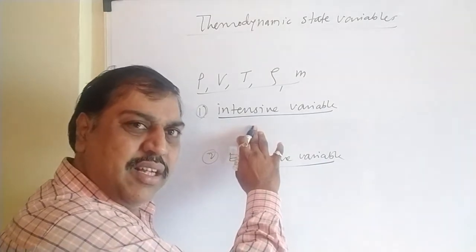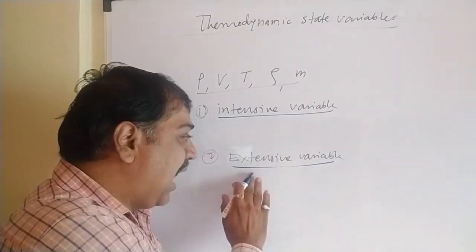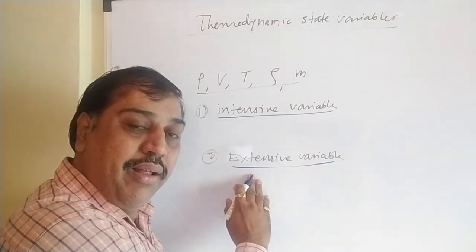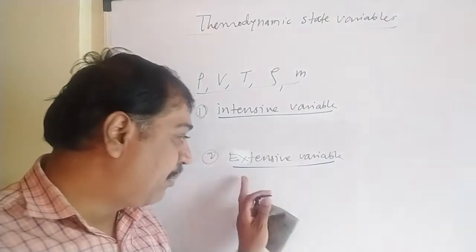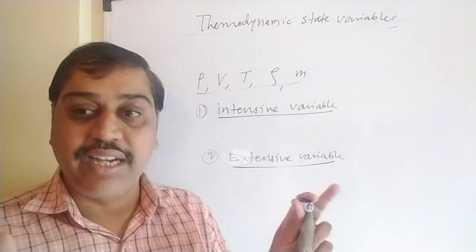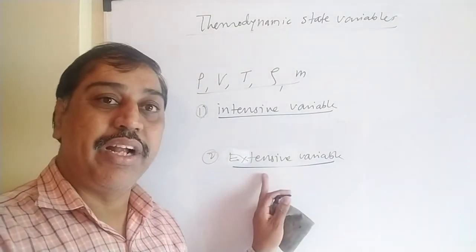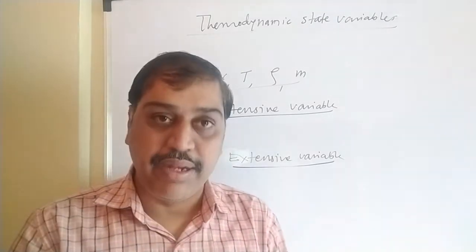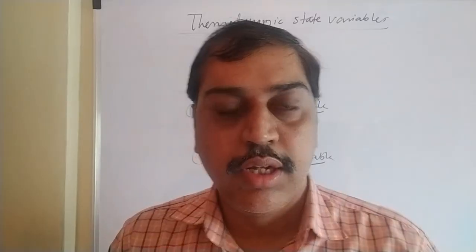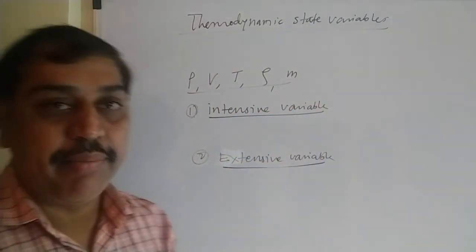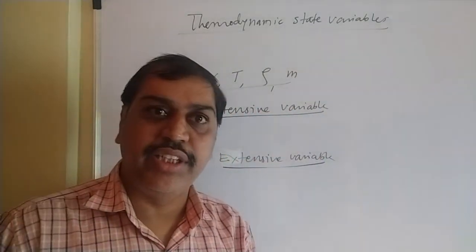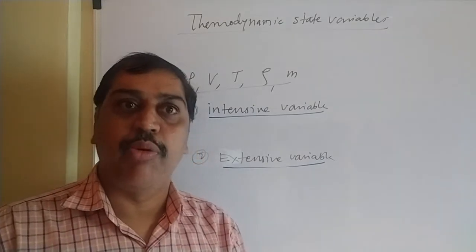Whatever the size, the variable remains the same. Extensive variables are the variables which depend on the size of the system. If the system is large, then the variable is different. If the system size decreases, the value of the variable changes. So we have seen thermodynamic state variables: the parameters that change in a system are said to be thermodynamic state variables.